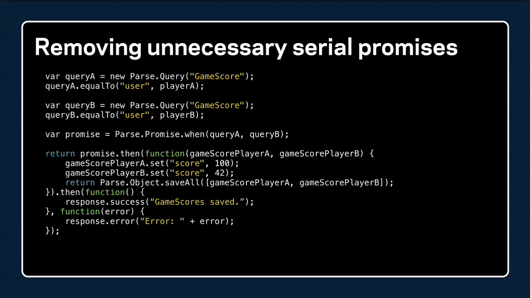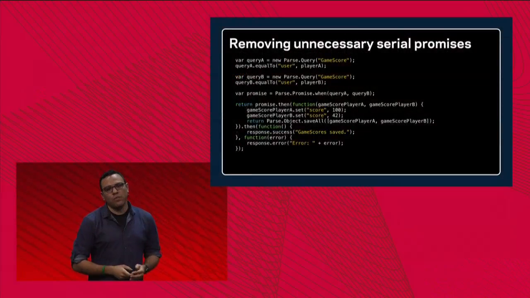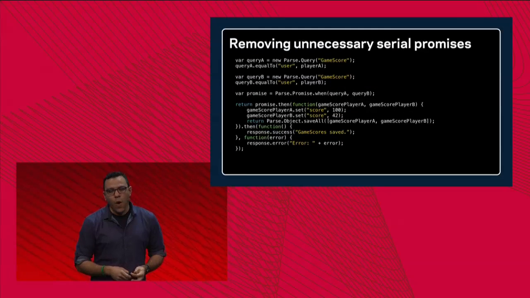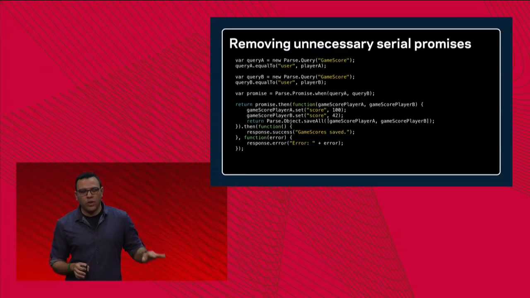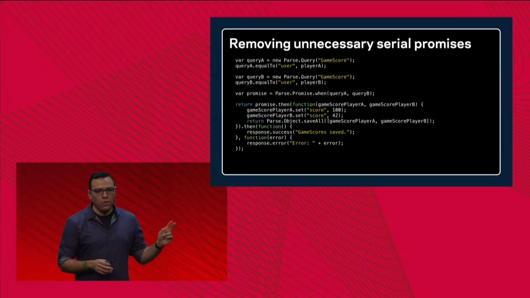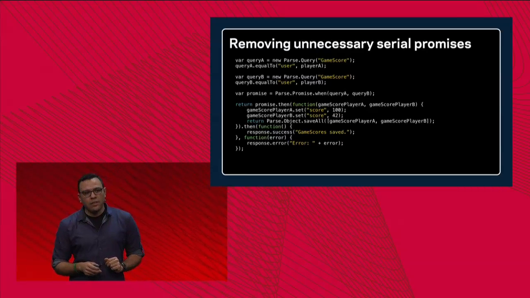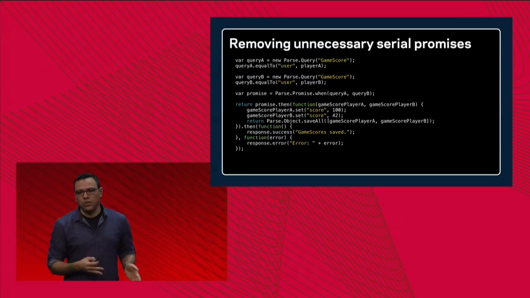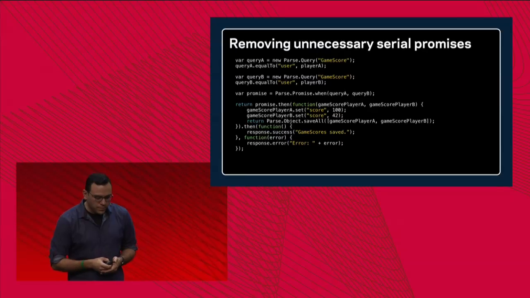So in this code, we run the 2 queries, we update each object individually, and then we use Parse.Object.saveAll to save both objects at the same time. We just went from 4 sequential operations to 2 parallel operations. This is going to cut your execution time in half at least.